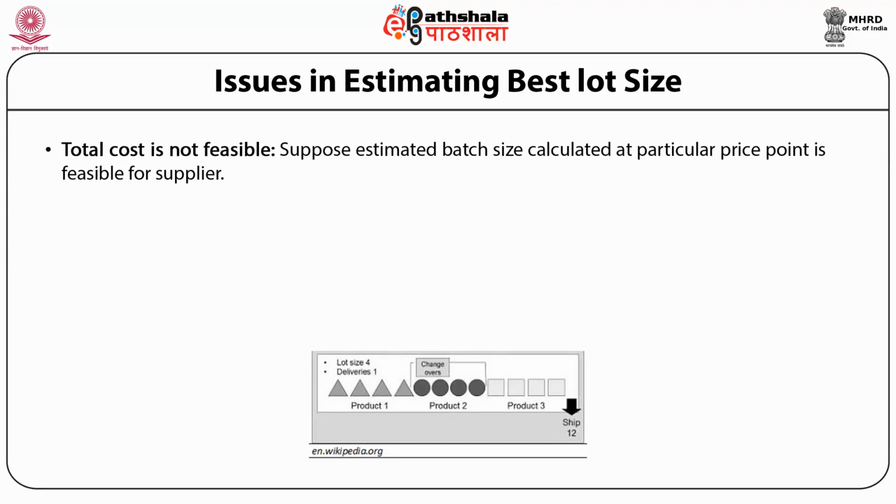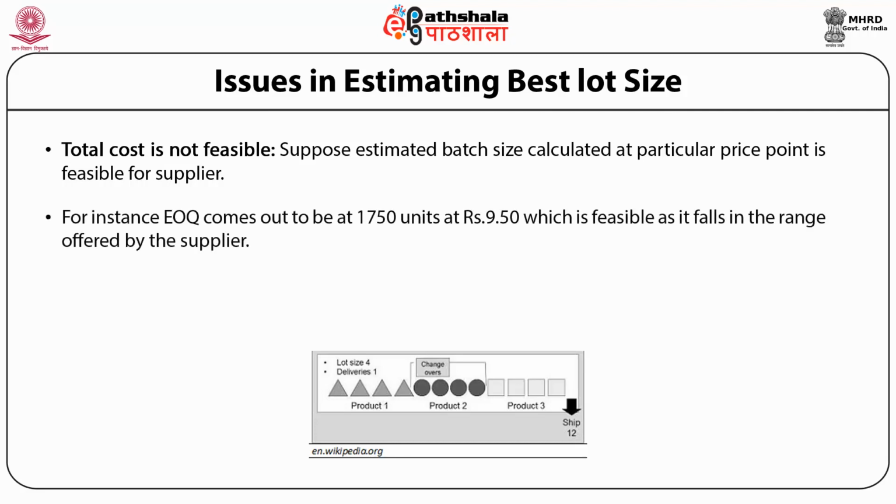Suppose estimated batch size calculated at particular price point is feasible for supplier. For instance, EOQ comes out to be 1750 units at rupees 9.50, which is feasible as it falls in the range offered by the supplier.